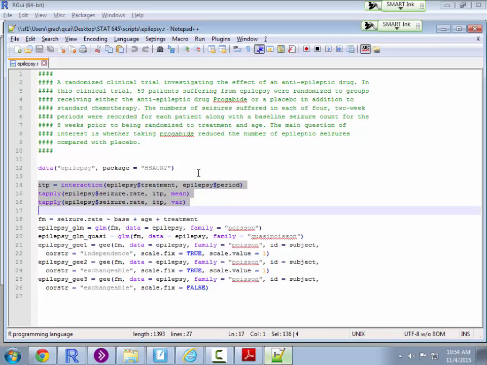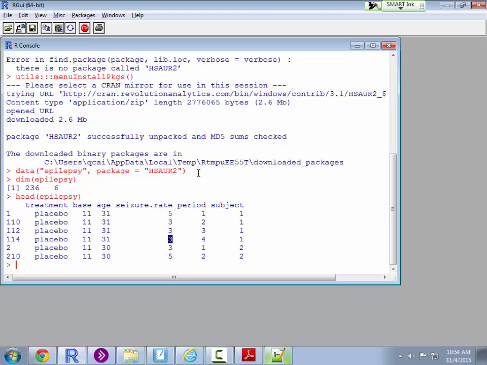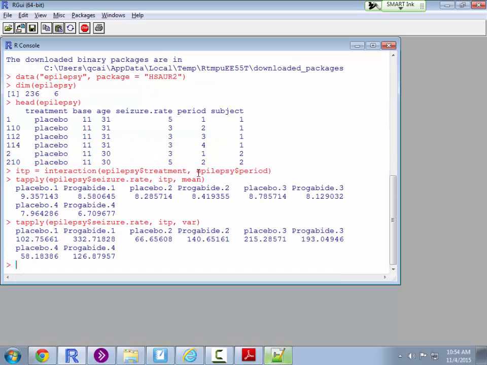I'm just computing some summary statistics within each of the groups. So placebo group, time point 1, the mean number of seizures was 9.4. Placebo group time 2 was 8.3.